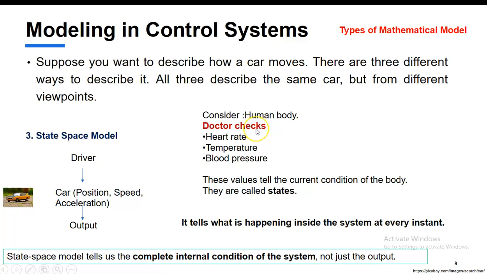Another example to understand, consider a human body. The doctor checks the heart rate, temperature and blood pressure. These values tell the current condition of the body, which we will technically call as states. State space model tells the complete internal condition of the system, not just the output alone.